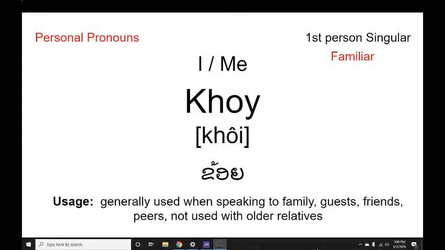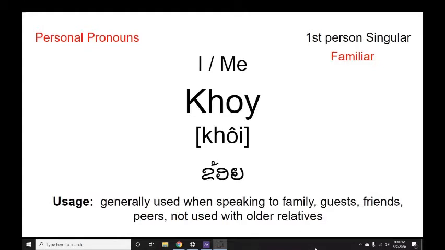We've heard this word koi, and it's generally used with family, guests, friends, peers. So people that you have a familiar relationship with, and not normally used with older relatives. There's a more respectful way to refer to yourself. We're going to learn that in a moment.